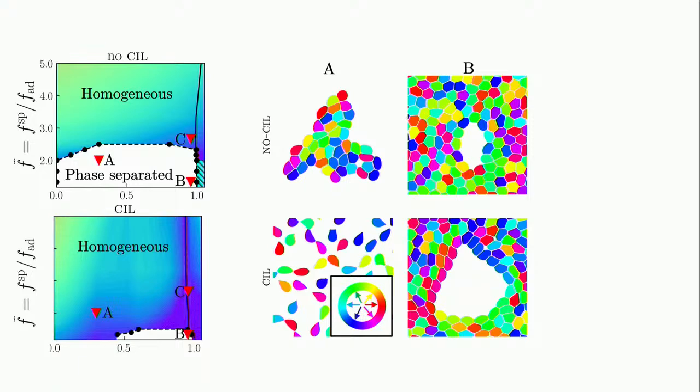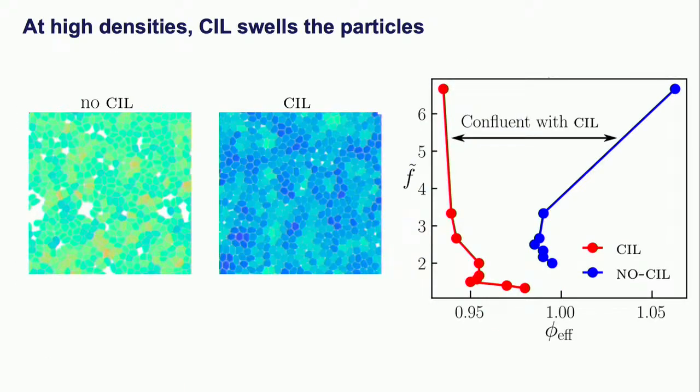But if you move to point C, in the absence of contact inhibition you still have a gap, but with contact inhibition you close the gap. So it's promoting healing. This means that it's changing the location of the confluence line.